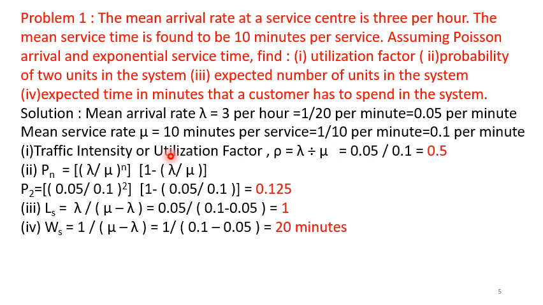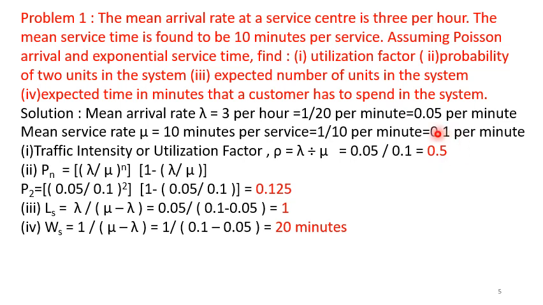So what is the traffic intensity or utilization factor rho? Lambda divided by mu. First bring both lambda and mu into uniform units. Both of them should be in the same units. In this case, it's customers per minute. Mean arrival rate is 0.05 customers per minute, and service rate is 0.1 customer per minute. Traffic intensity rho will be lambda divided by mu, that is 0.05 divided by 0.1, that is 0.5.